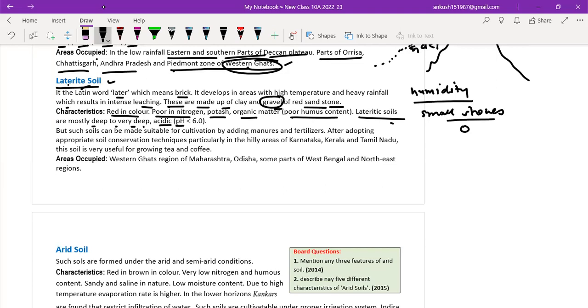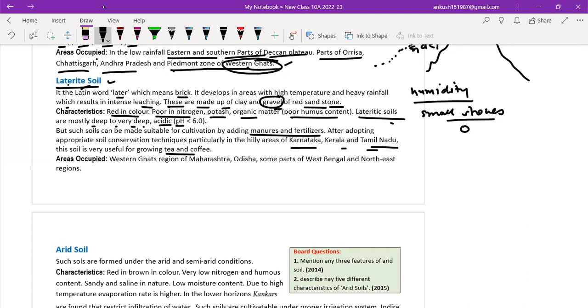But such soils can be made suitable for cultivation by adding manure and fertilizers. Actually, they depend on manures and fertilizers for cultivation of any crop. After adopting appropriate soil conservation techniques, particularly in the hilly areas of Karnataka, Kerala, and Tamil Nadu, this soil is very useful for growing tea and coffee. So this kind of soil you can find in Karnataka, Kerala, and Tamil Nadu.